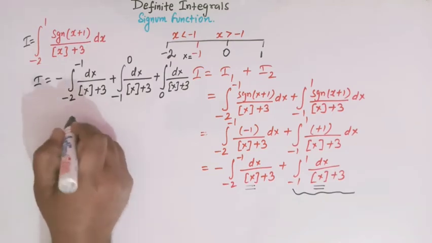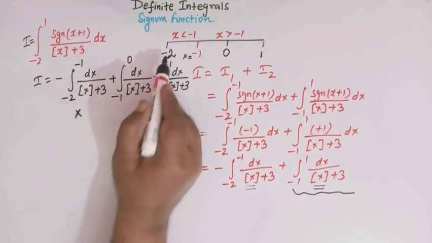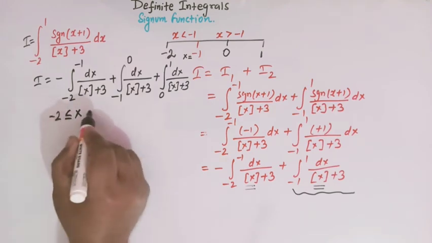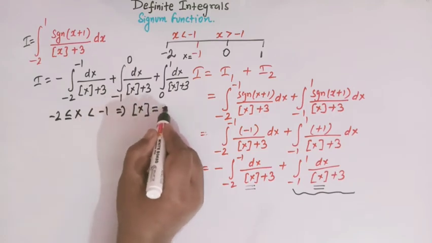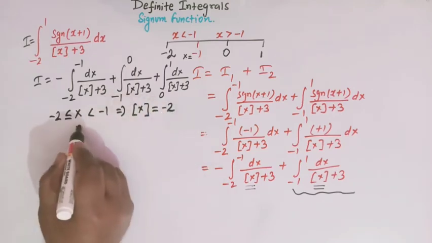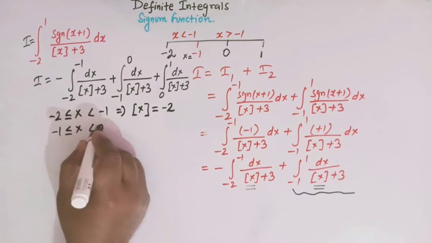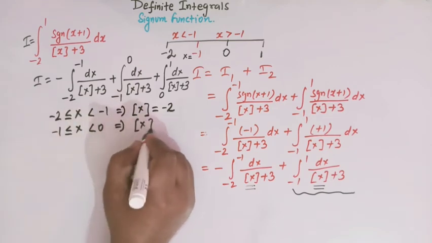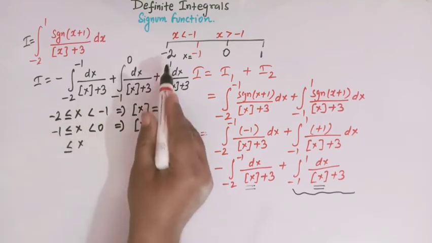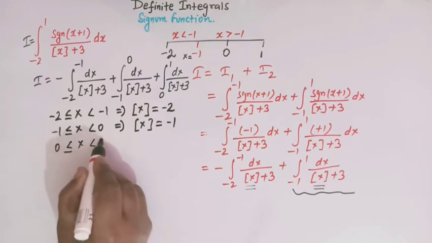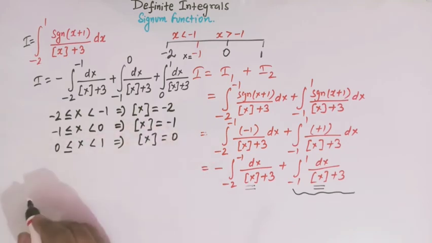So when x lies between -2 to -1, then the value of greatest integer x is equal to -2, right? And when x lies between -1 and 0, then the value of greatest integer x is equal to -1, and when x lies between 0 and 1, right, then the value of greatest integer x is equal to 0, right?